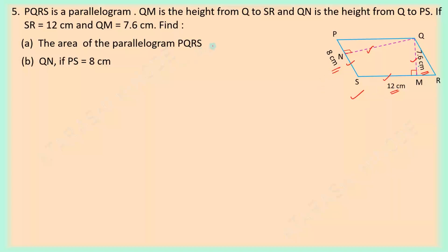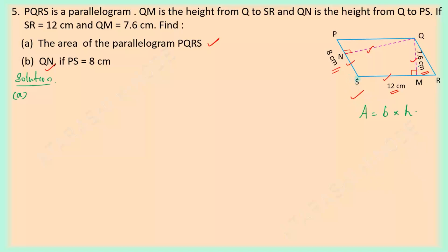Here first we have to find the area of this parallelogram, then the length of QN. First let us find the area of this parallelogram. We know the formula for finding the area of a parallelogram is base into height. Which base and height can we take?